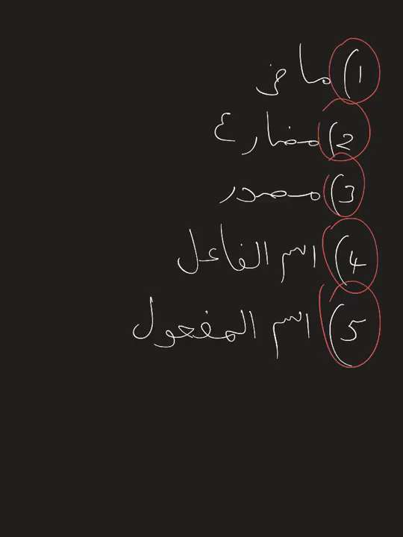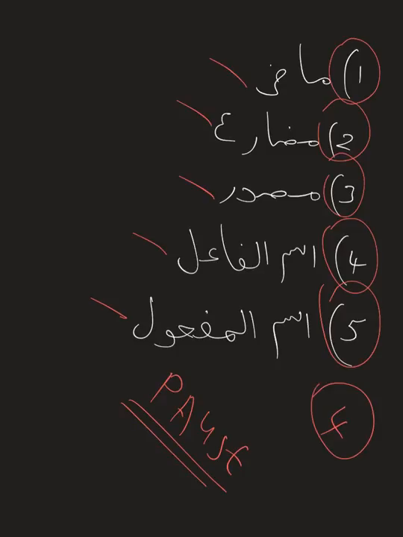If you still are unsure, I would suggest that you pause this video and refer to the previous videos. You must be able to make madi, mudari, masdar, ismul fa'il, ismul maf'ul from the 4 babs we have done, the 4 categories: if'al, taf'il, mufa'ala, and tafa'ul.